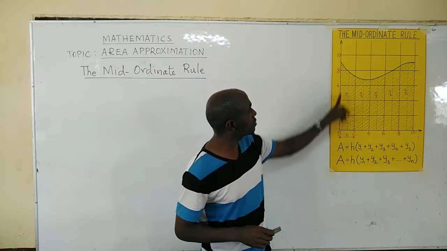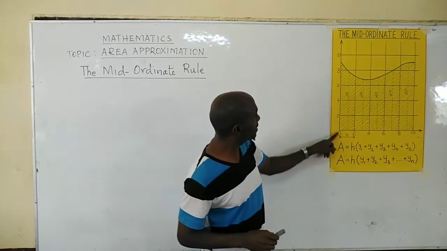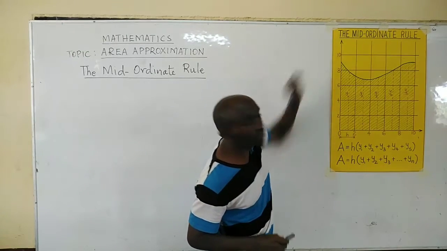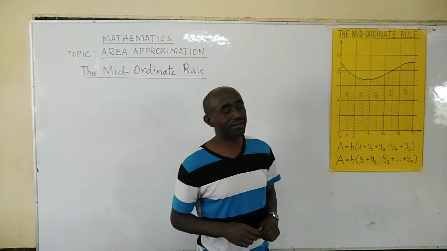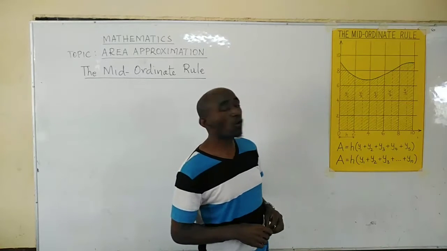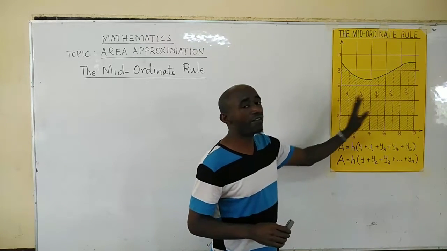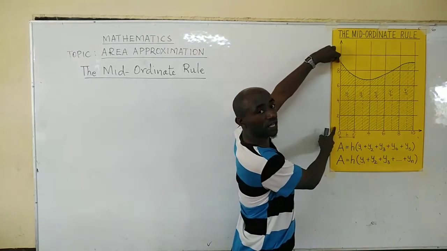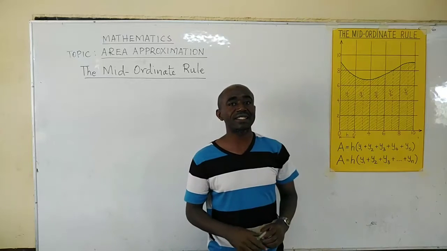Are we going to take this one here, which is longer than this other length? This length here is around 9 units. This one is around 7 units. So what we are going to do is get the average. Instead of taking this one which is longer and this one which is shorter, we are going to take a length which is in the middle.